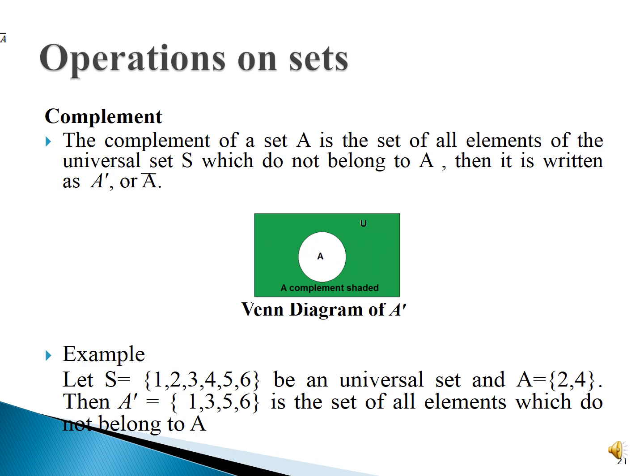Here we can see that A has 2 and 4, which also belong to the universal set. So the A complement will contain the elements of the universal set which do not belong to set A. So A complement will be 1, 3, 5 and 6.